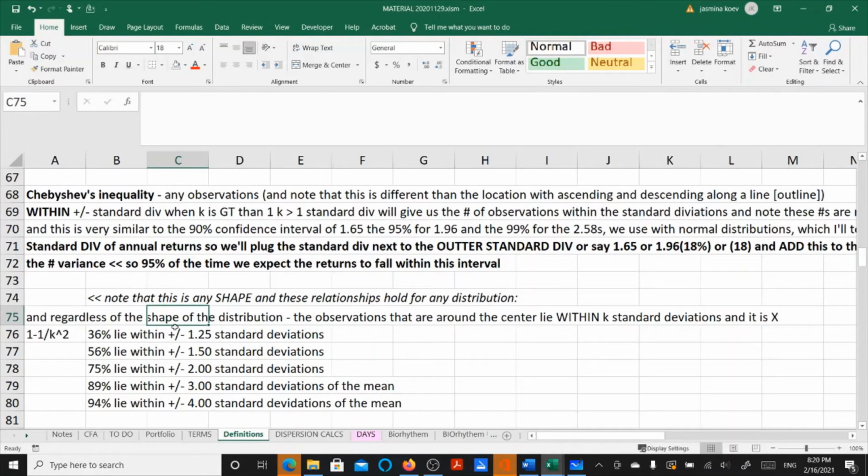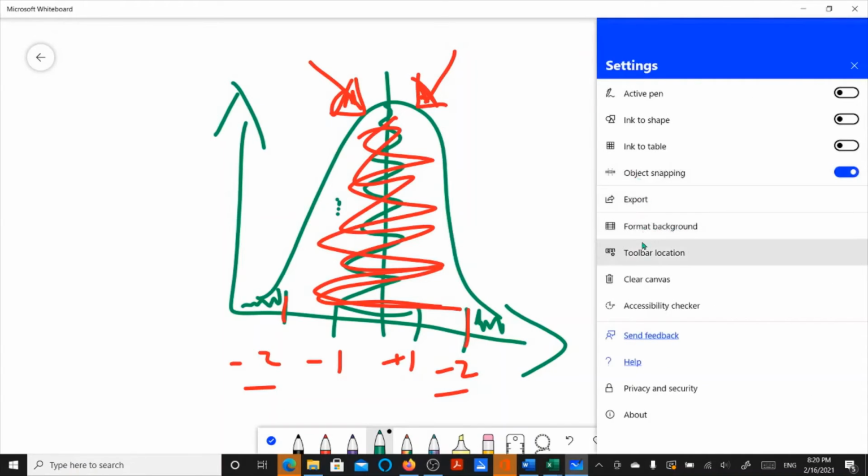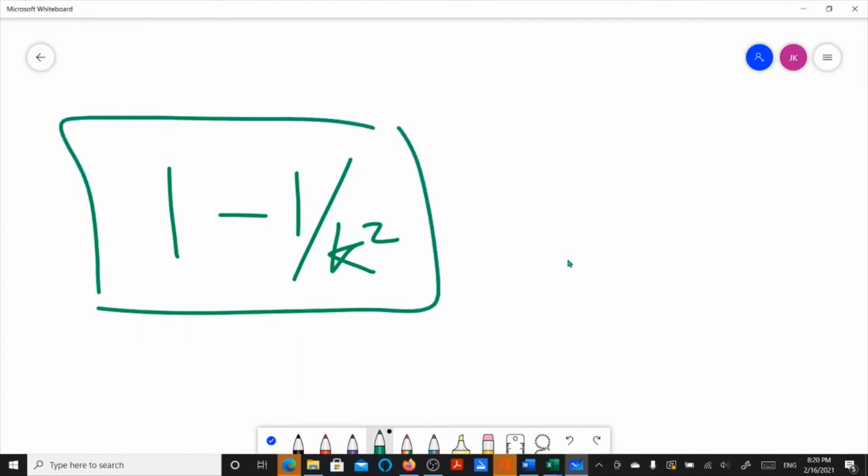Once you have the calculation down, which is 1 minus 1 divided by k squared, that's basically it. This works for any distribution.